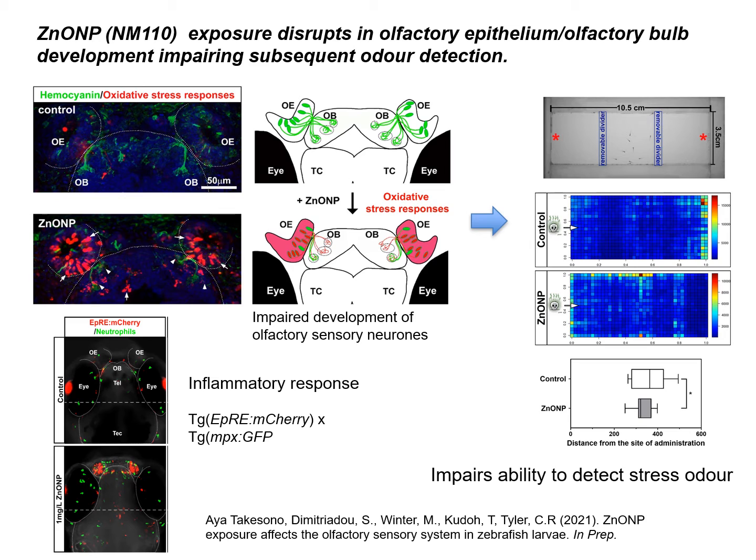The movement of the exposed versus non-exposed fish was mapped within that chamber, and she was able to show that those which had been exposed to zinc oxide nanoparticles were less responsive, less able to respond to the stress odors. So here's a very good example of an exposure during early life having chronic consequences in terms of subsequent health and fitness of the zebrafish.